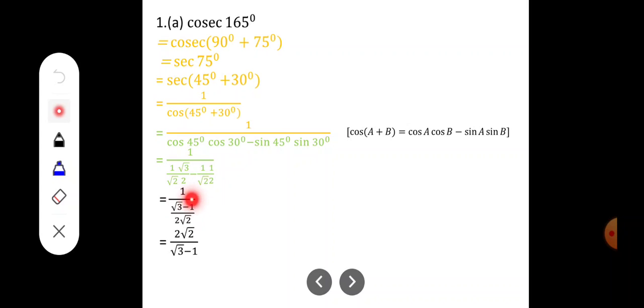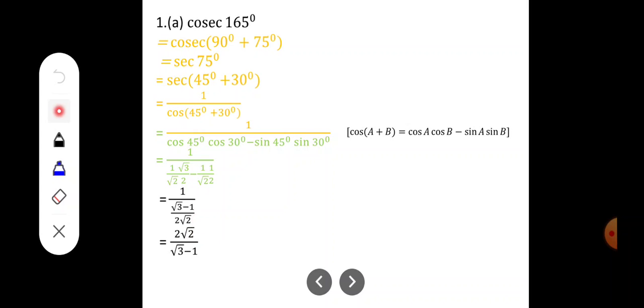For the fractional difference, we need the LCM of the denominators, root 2 and 2 root 2; we get the LCM 2 root 2.